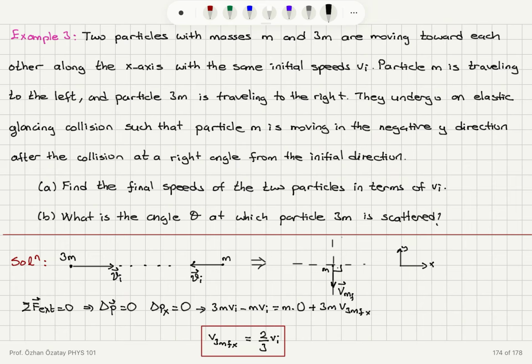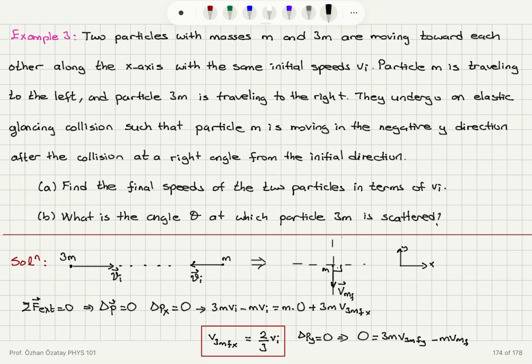On the other hand, I have delta py is equal to 0 because it's a glancing collision. There was no y component initially. Finally, I have 3m v3m final y component, and for m I have a particle moving in negative y direction, so minus m Vm final y component, which is Vm final.